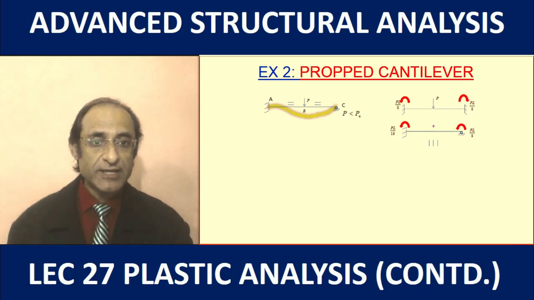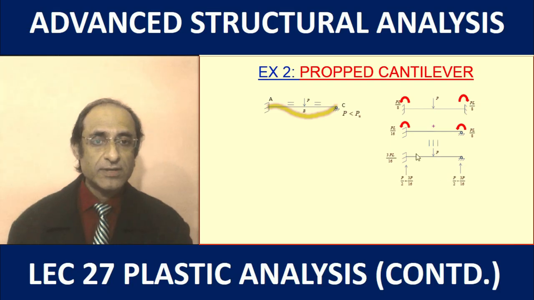This is elastic analysis, so we are assuming that right now the applied load is much lower than the load which causes yielding. What we find is that the bending moment at the left end is 3 PL by 16, and once we have this result, we can obtain the reactions.